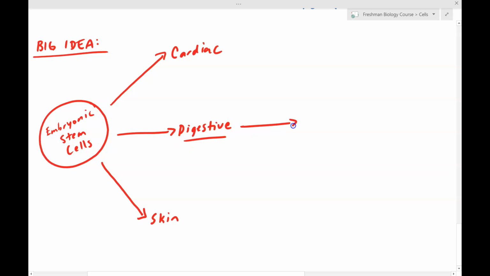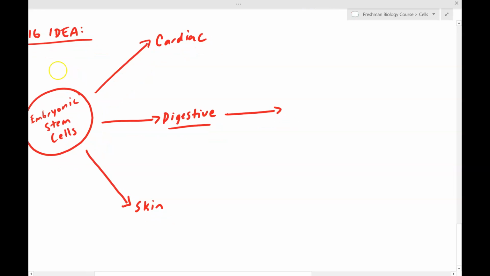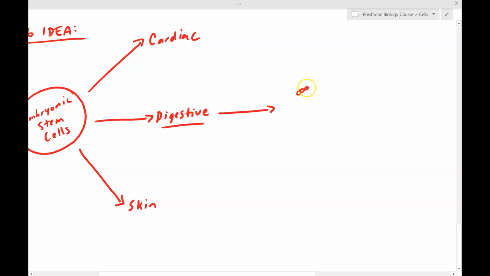So if you get a bunch of digestive system cells together, all right, so the embryonic stem cells have programmed, and they are going to become digestion cells. Now we're going to have digestive tissue, okay, which is the next step up from a digestion cell.